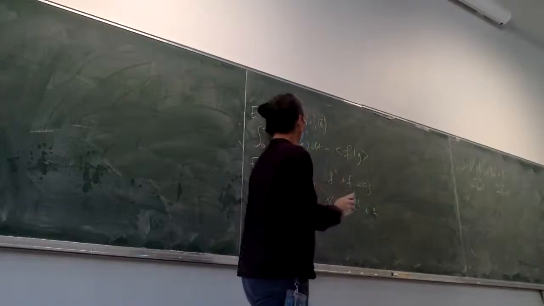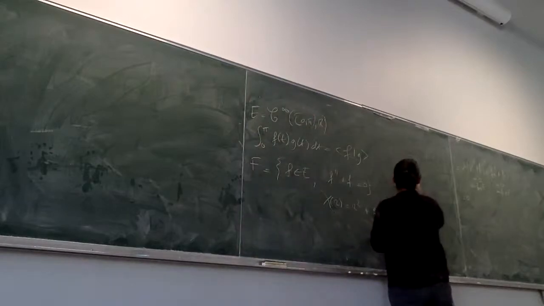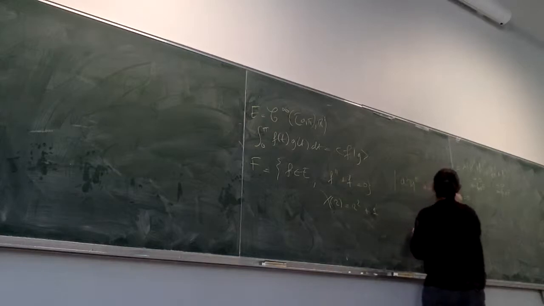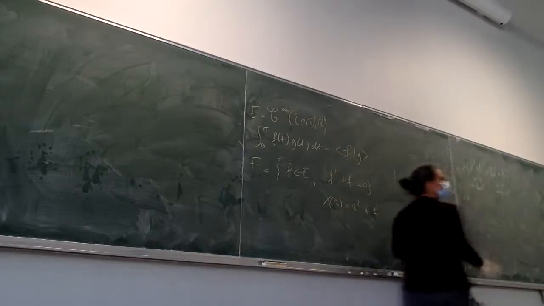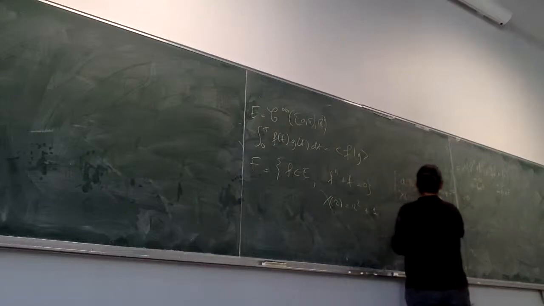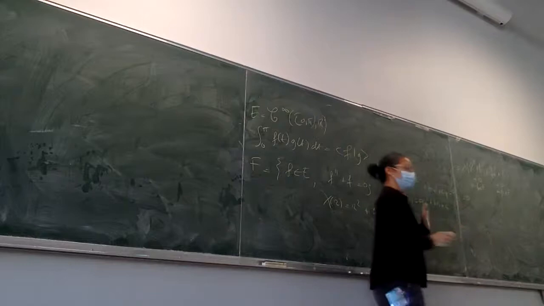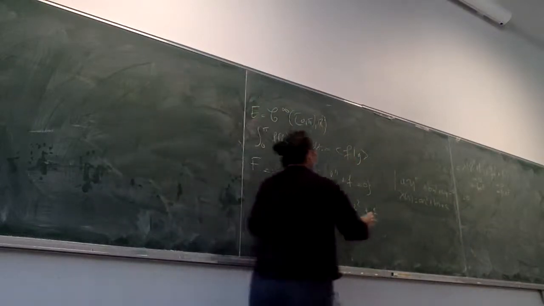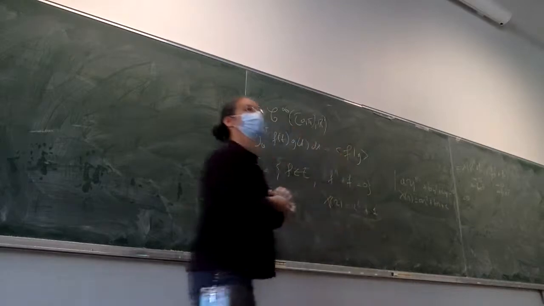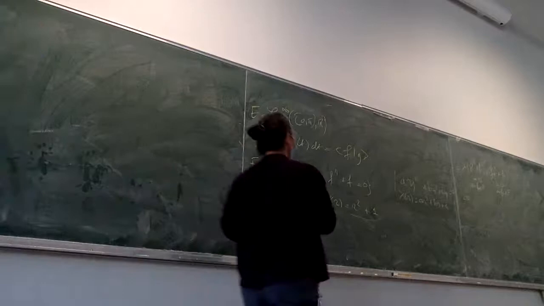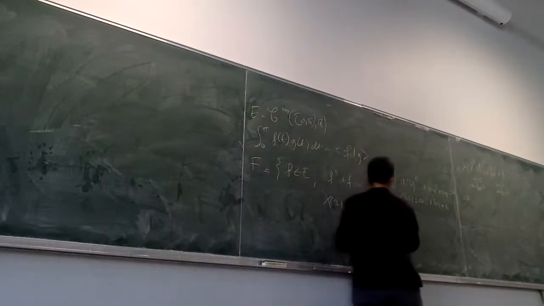If you've got an equation a y second plus b y prime plus c y equal to 0, the characteristic equation is a r squared plus b r plus c, and you're looking for the roots of this equation. So no real roots, we only have complex roots.